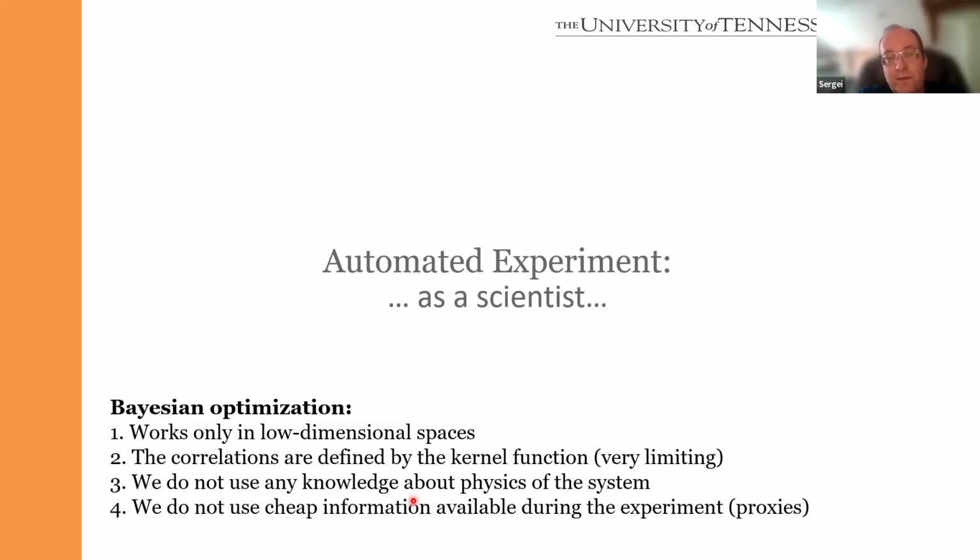So then the third limitation is that, imagine we want to use Bayesian optimization for some specific physical problem. It is very, very rare that we don't know anything about the physics of the system. For example, I can use Bayesian optimization to predict the optimal mobility in a multi-component mixture.